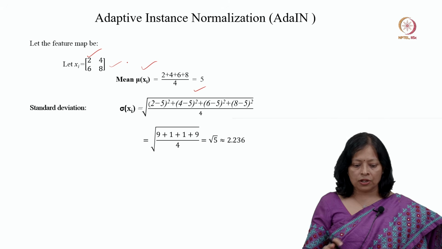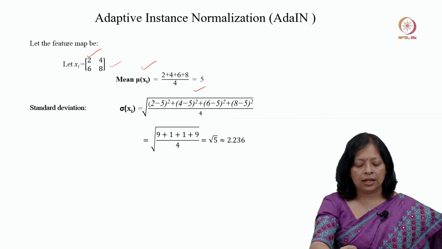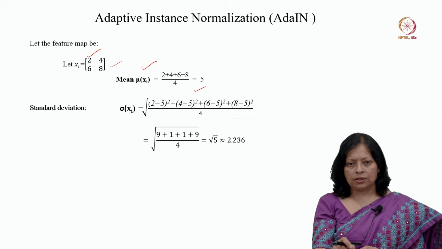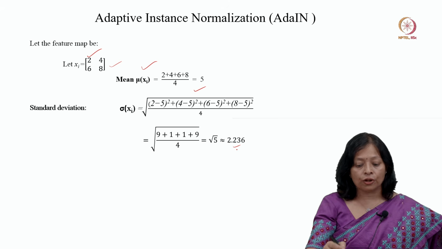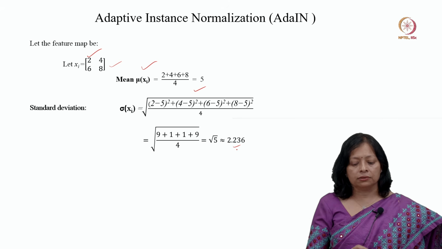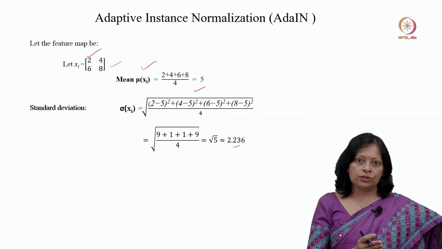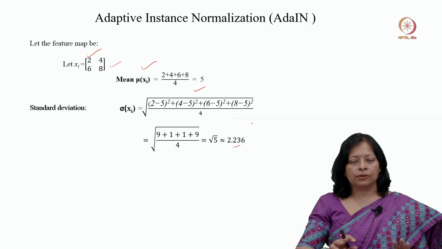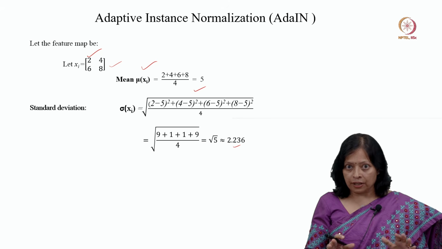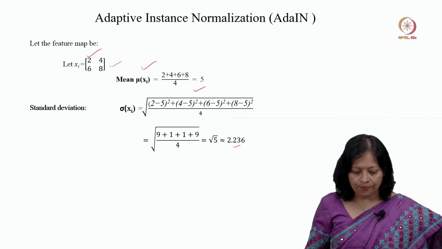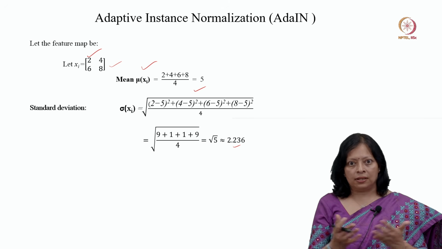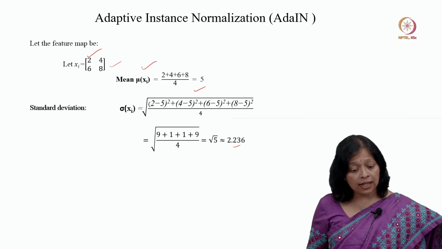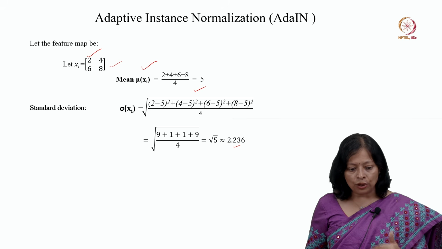If there are any mistakes or typos in these calculations, please feel free to reach out to me, or you can check whether the calculations are correct, or change them yourself, because standard deviation and mean are very standardized formulas. So you can just look into it.